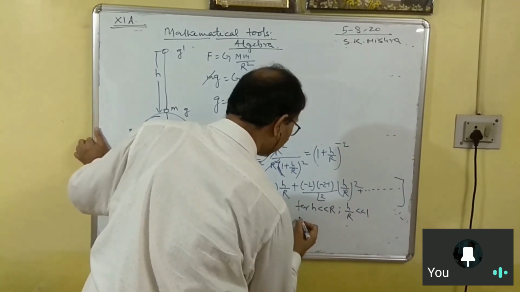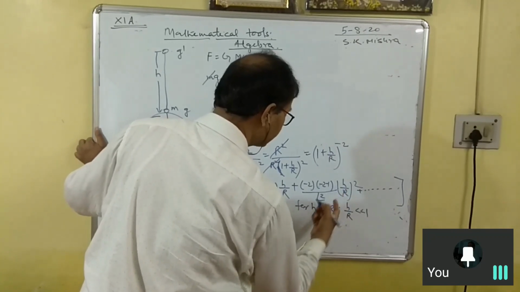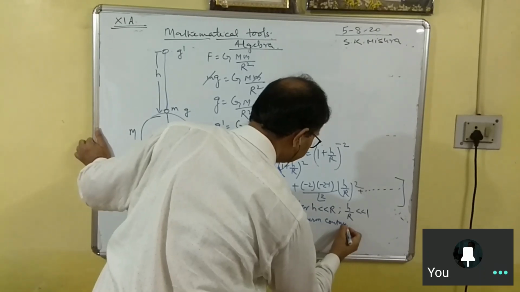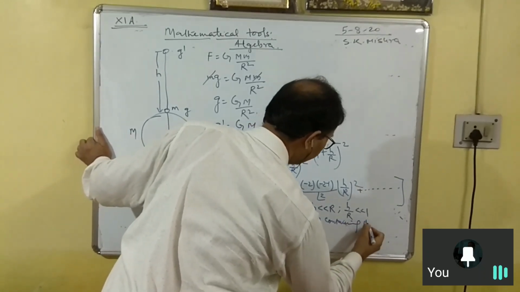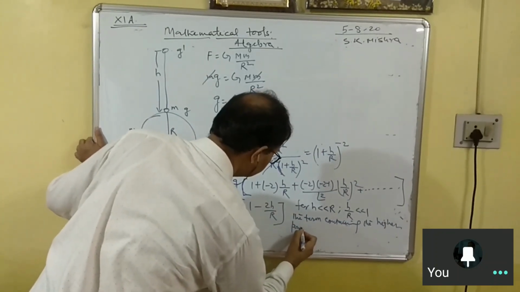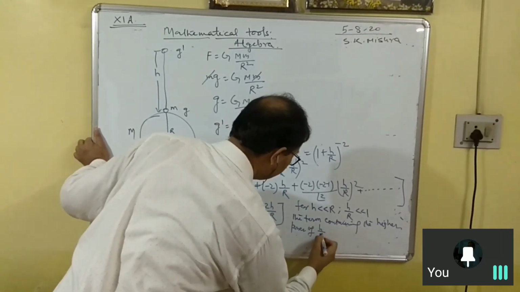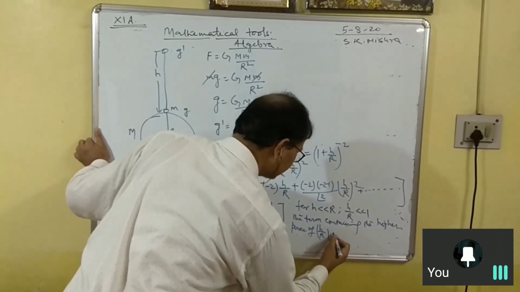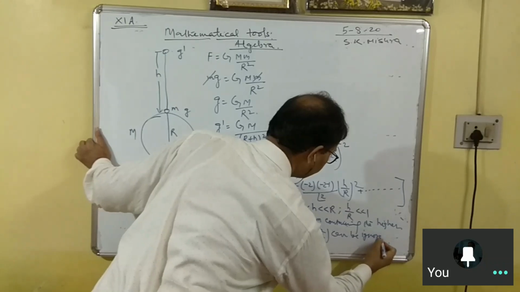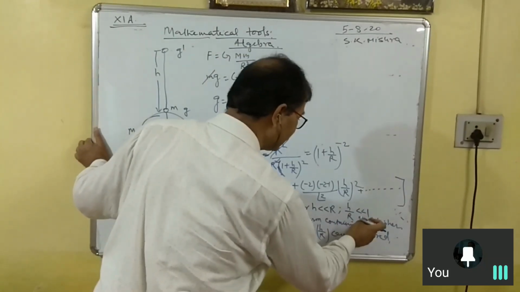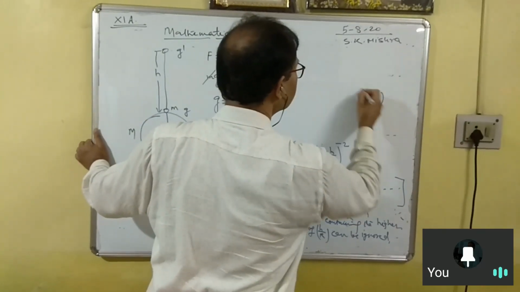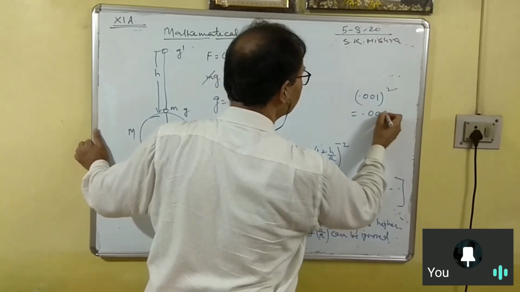And then the terms containing higher powers of h by r will be very, very less than 1 and can be ignored, because if h by r is very, very less than 1, squaring it will give you a very small value, as for example 0.001 squared. See, it's how much? 0.000001.